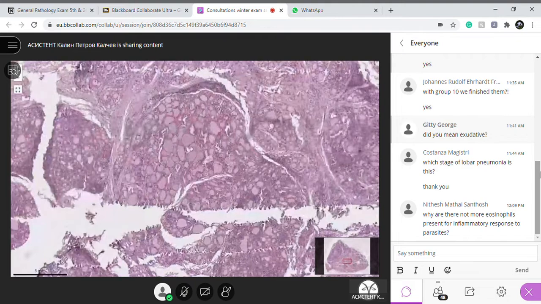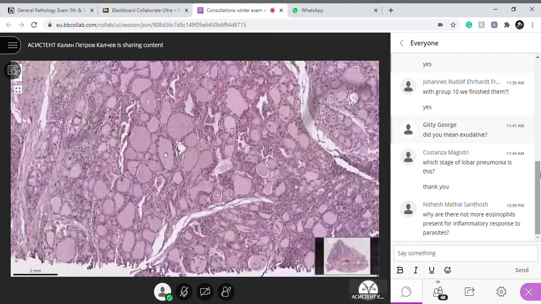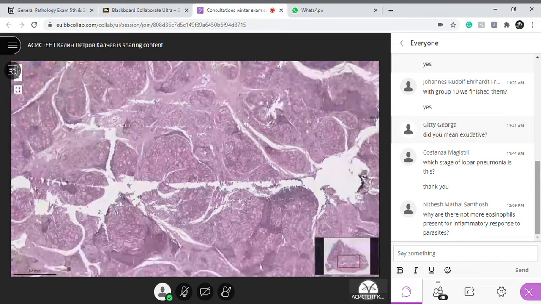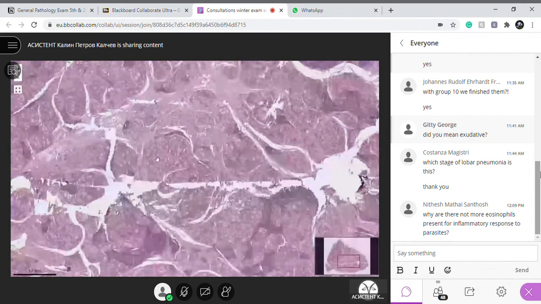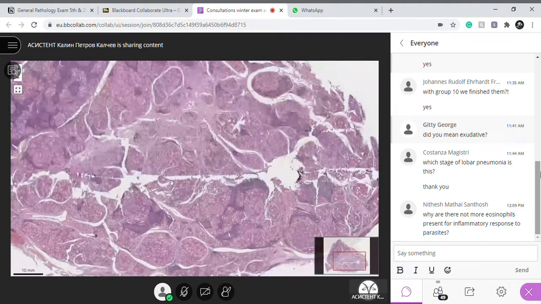They are full of thyroid colloid. But you see that the structure of this thyroid is quite changed. Actually, these follicles grow in groups which form these nodules.